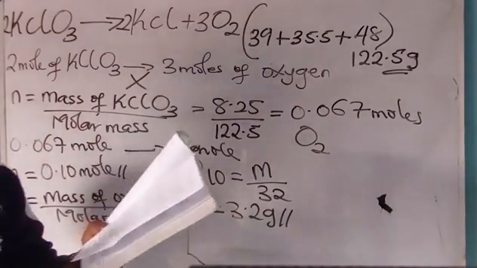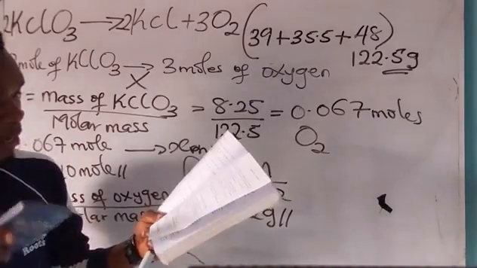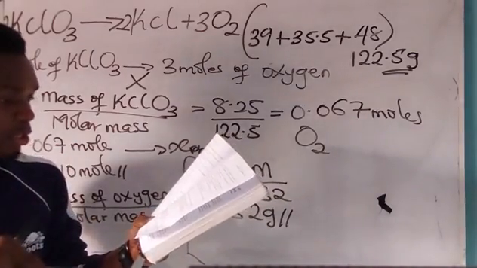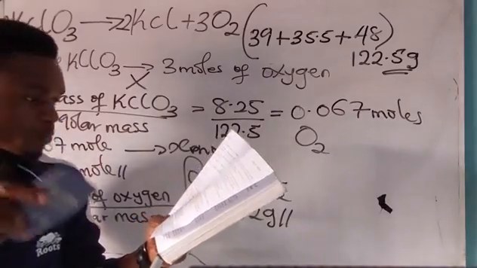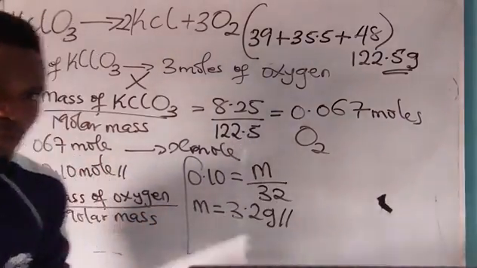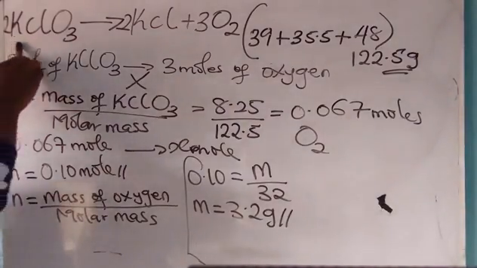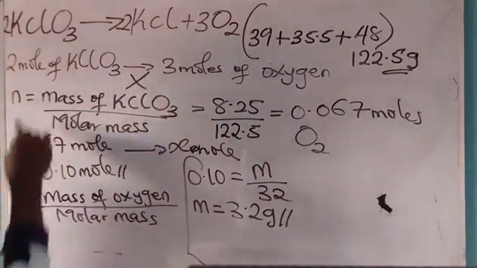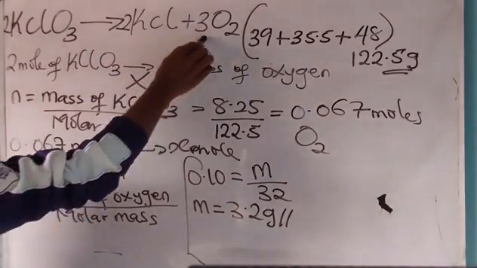They said how many grams of oxygen must be prepared by the complete decomposition of 8.25 grams of what? Potassium chromate. As I said before, write out your equation. 2 moles of this will produce how many moles of oxygen?